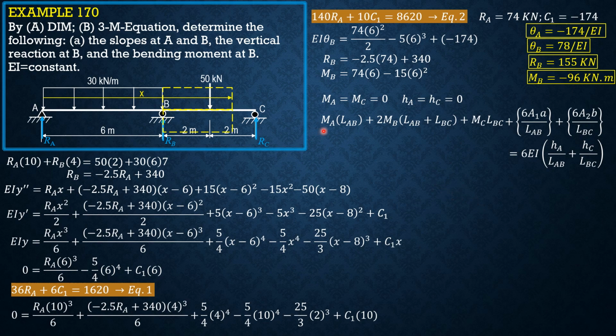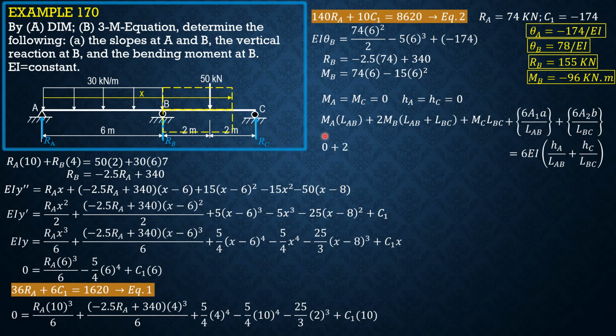So since MA is 0 and MC is 0, the value of 6A1A over LAB for this uniform load is WL cubed over 4, 36 cubed over 4, while the value of 6A2B over LBC is PB over L quantity L squared minus B squared, where P is 50, B is 2, L is 4, quantity 4 squared minus 2 squared.